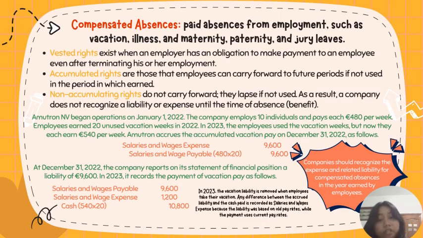Salaries and wages expense is on the debit side, and then salaries and wages payable on the credit side. The amount is from the first pay, which is €480 per week. We multiply by 20, which is the unused vacation weeks in 2022.